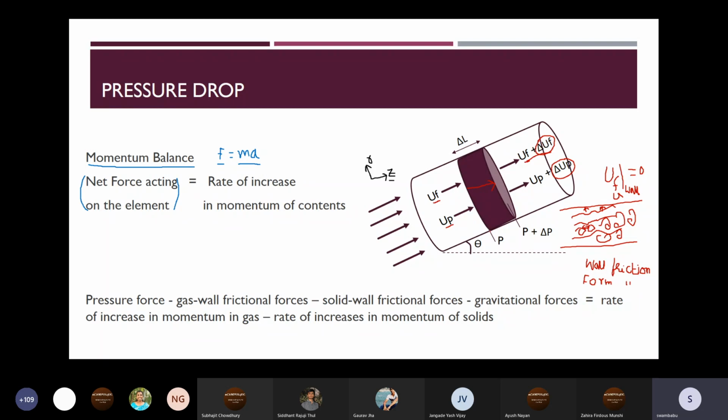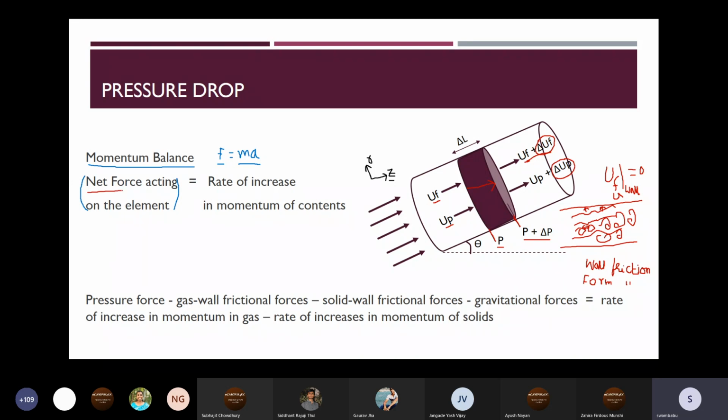So the pressure at the entrance of the small element is P. The pressure at the exit of the small element will be P plus delta P. These are the different variations, and how the parameters vary is given in this diagram.